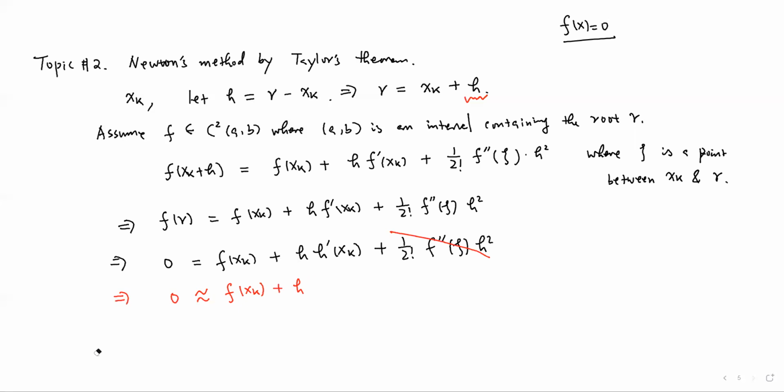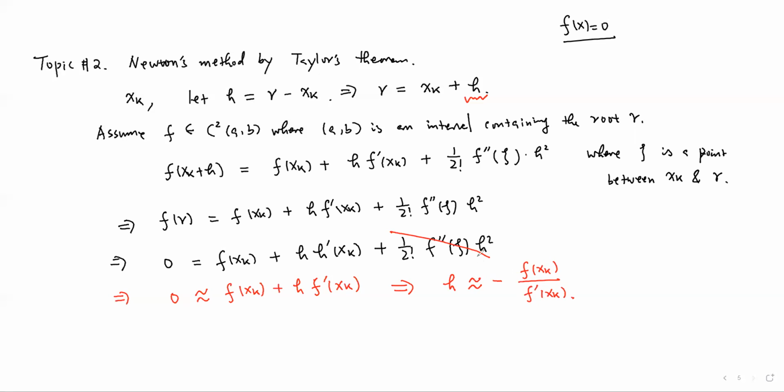And now solve this approximation equation for h. Then h is roughly negative f(xk) divided by the derivative f'(xk).